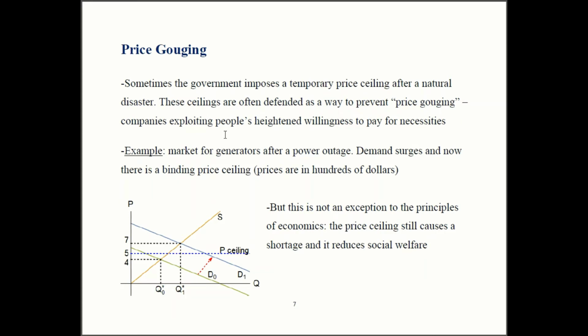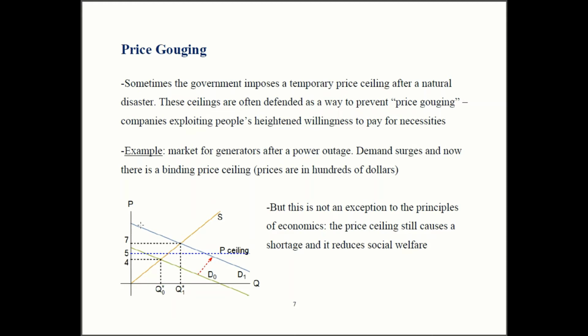So people are suddenly much more willing to pay for generators after a hurricane or something like that. So old demand might be back here at D0, leading to a market price of over there. After the disaster, willingness to pay is going to soar, and now we're at D1, this much higher demand because people suddenly want generators when there's no power.